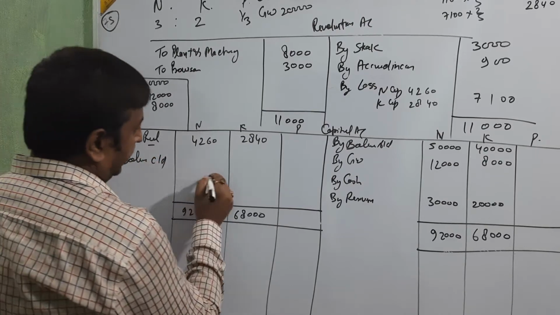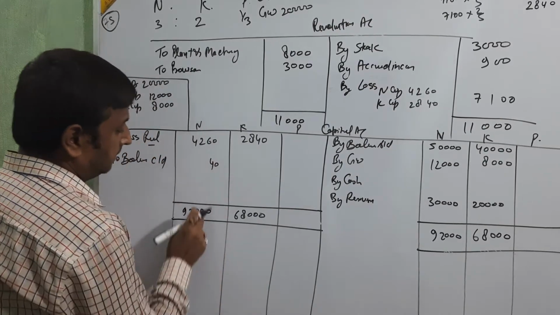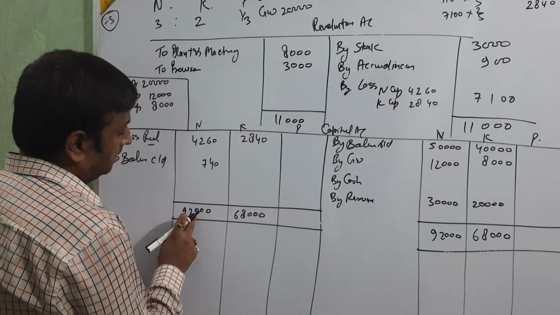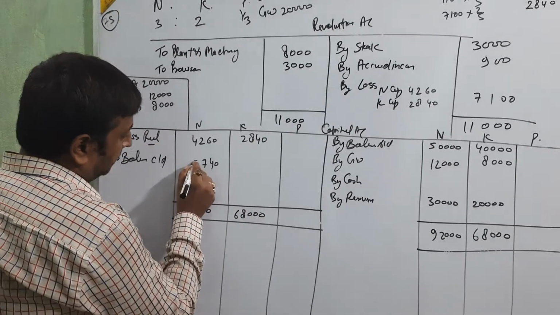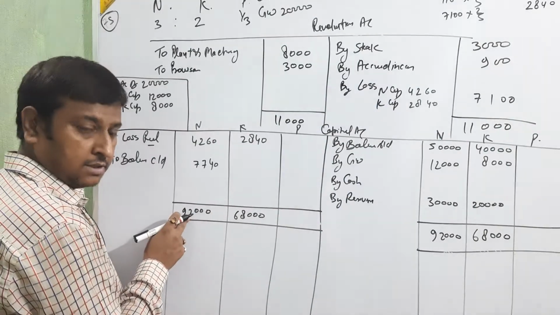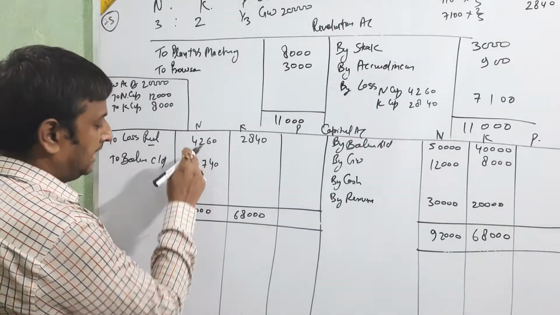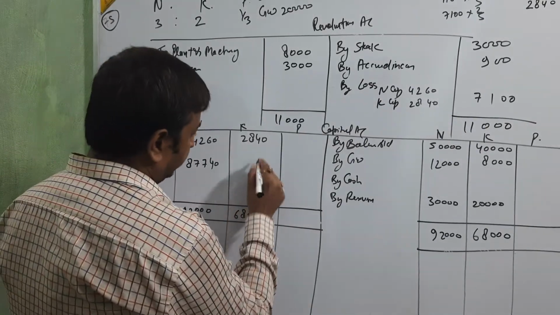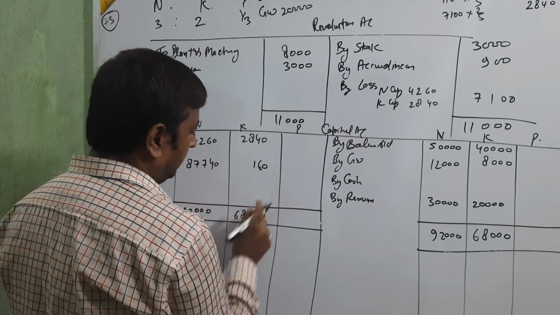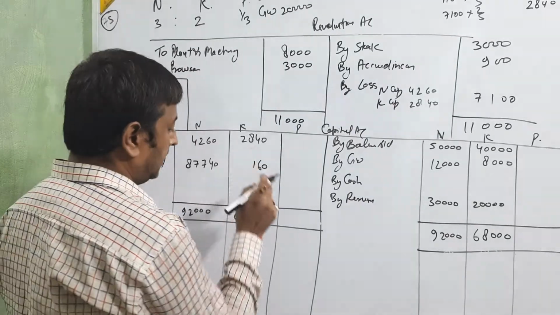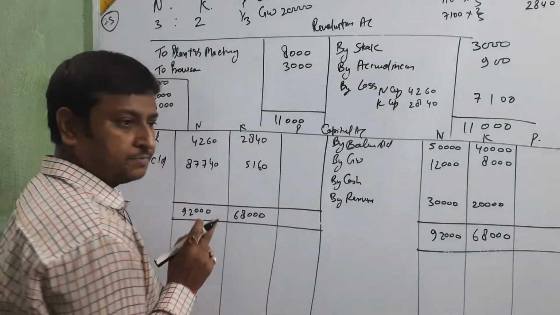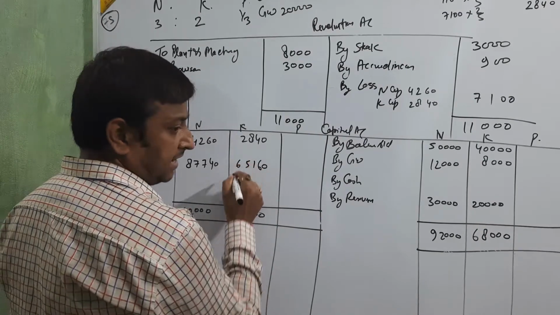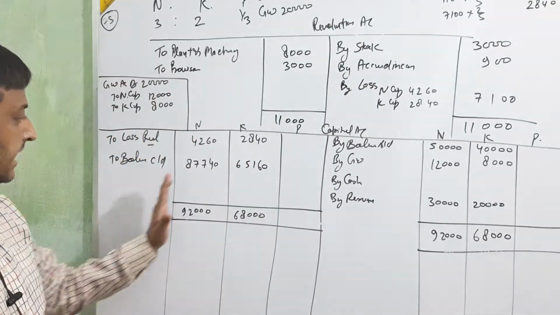Balance c/d, take the difference, beta. Okay, clear? It's a balance.